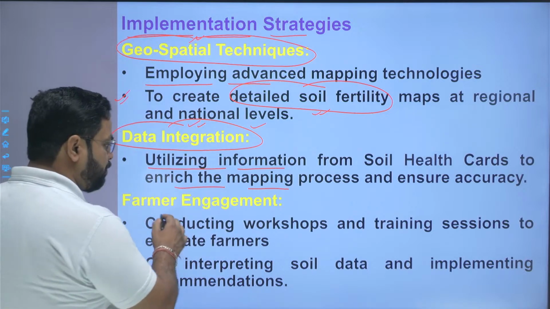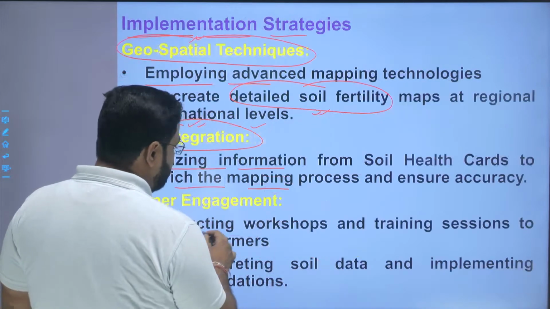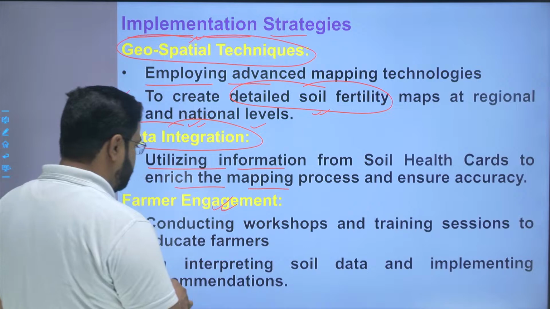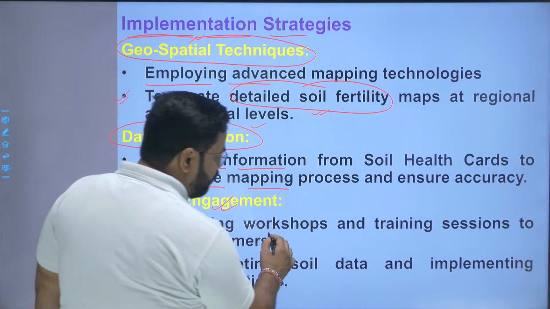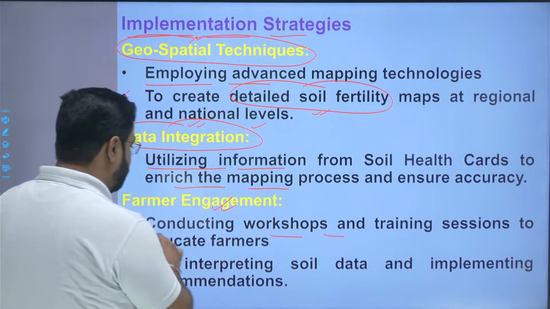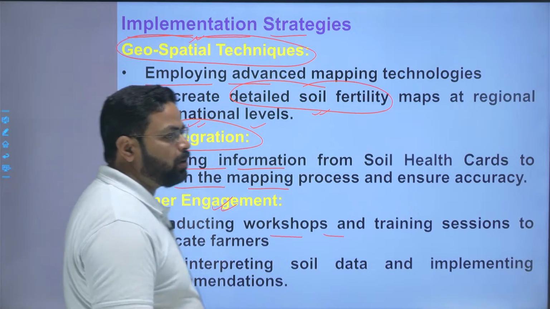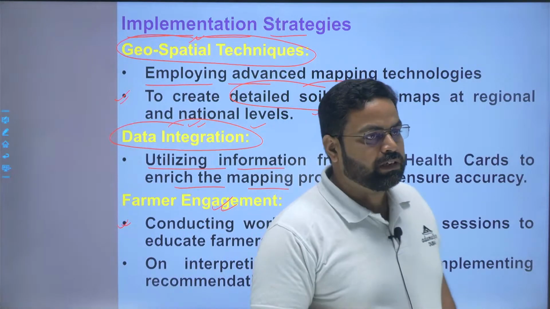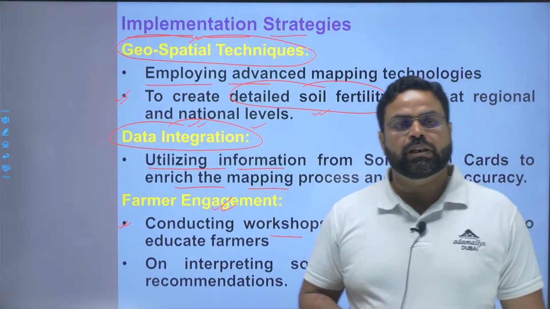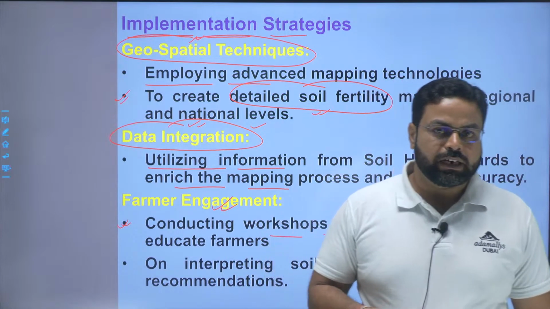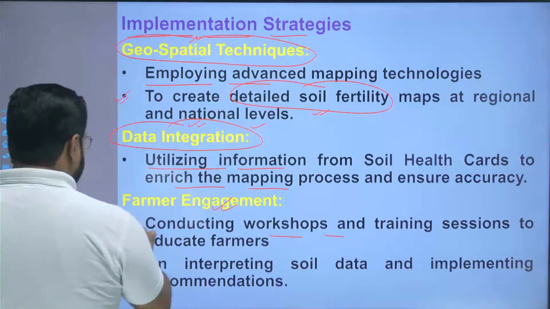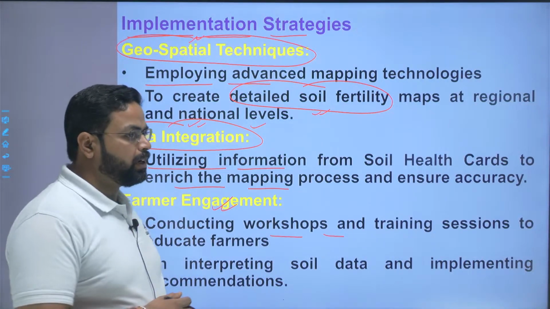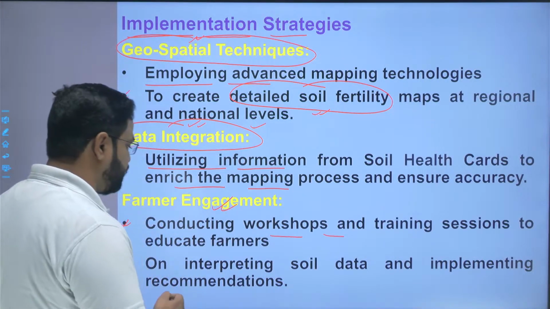Next, farmer engagement will also be ensured in this whole effort. Here, workshops and training sessions will be conducted for the farmers to educate them about the type of fertilizer they should use and the amount of fertilizer they should use, and thereafter training will be provided to them in this respect.